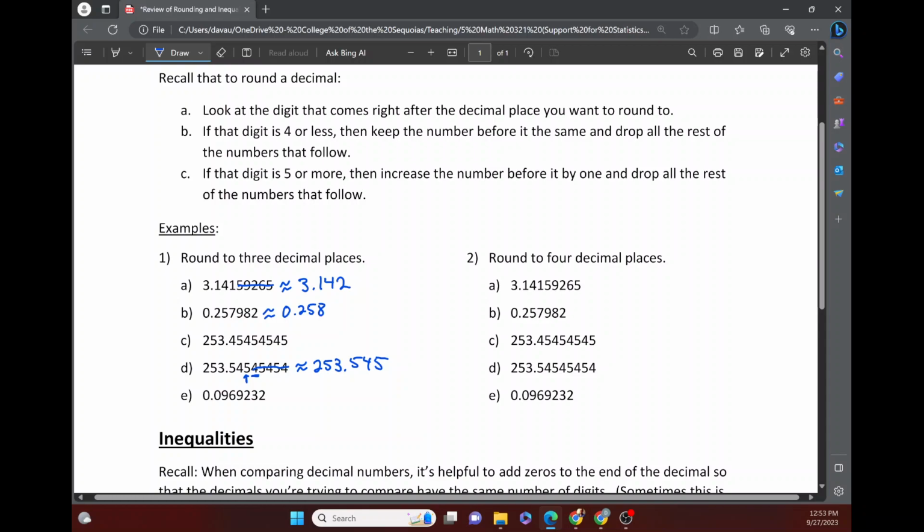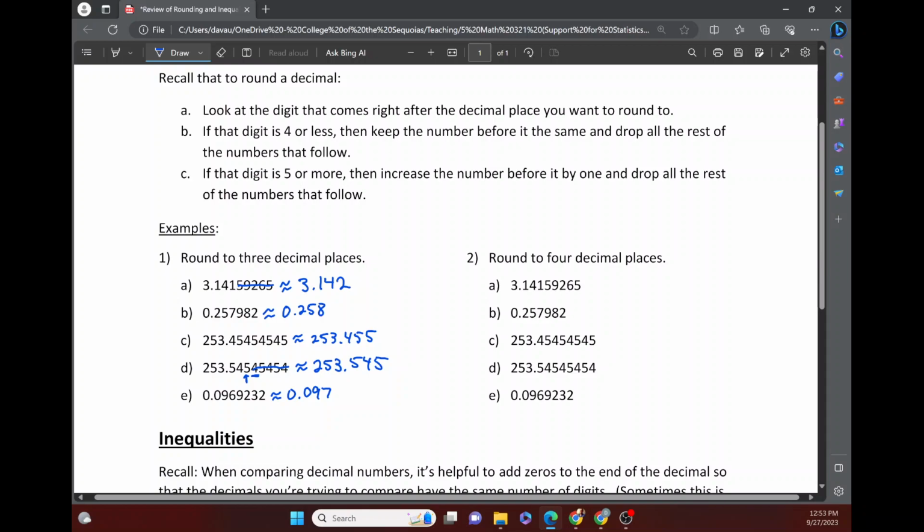It's a 5 or more, so this 4 needs to go up to a 5. This would be about 253.455. And finally, for part E, 1, 2, 3 is this 6. The 9 that comes after it indicates that the 6 should go up to a 7. So this would be about 0.097. Okay, and that's how rounding works.